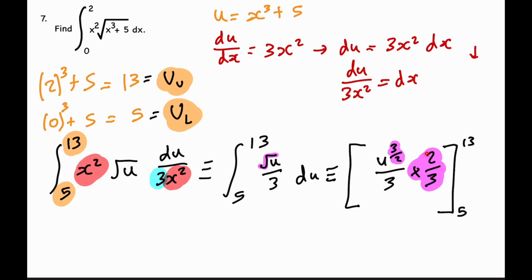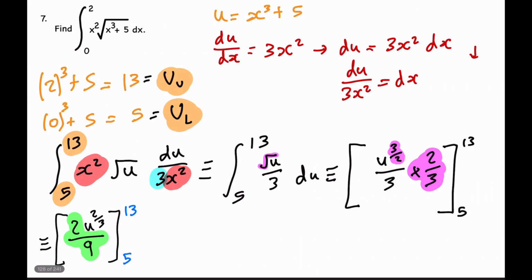So this is our integrated form in terms of u, and because we know the limits in u, if you multiply this out, so 2 over 3 times 1 over 3, or the divided by 3, you get 2 over 9.